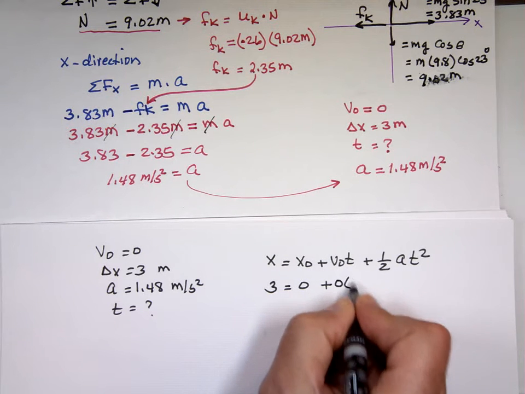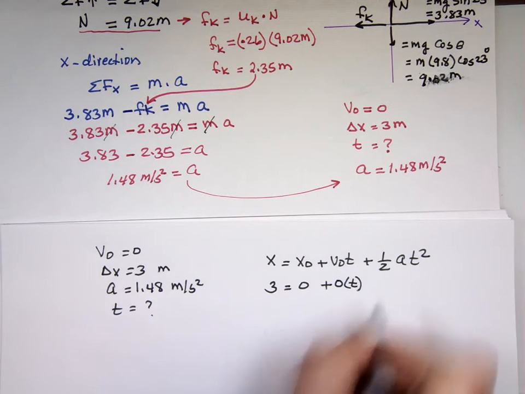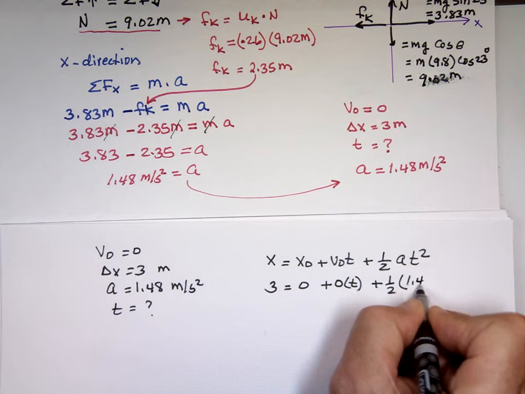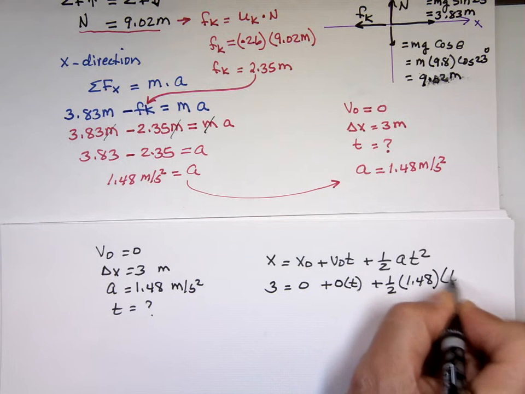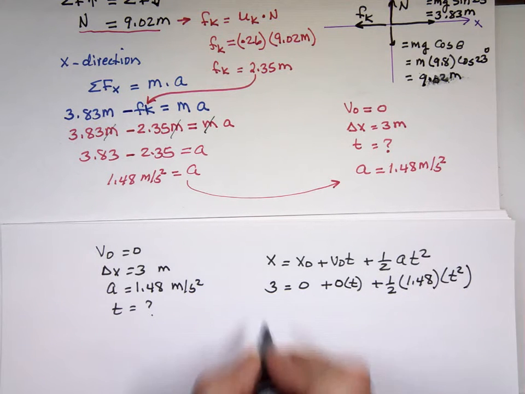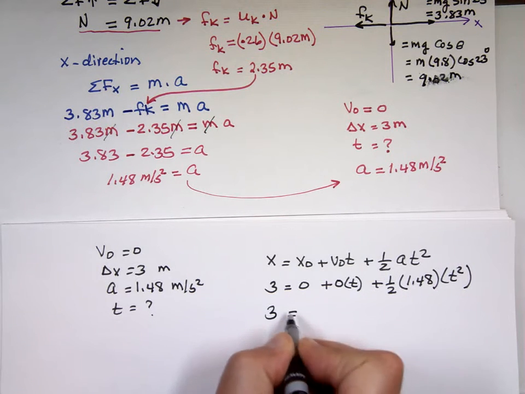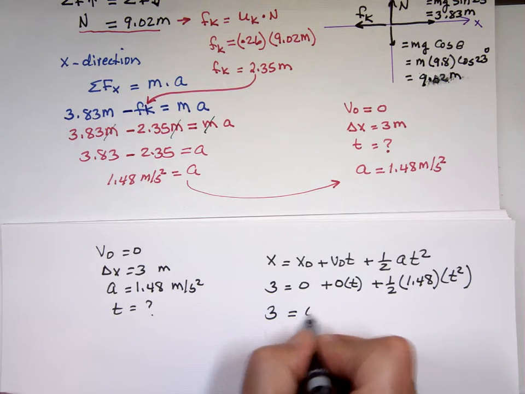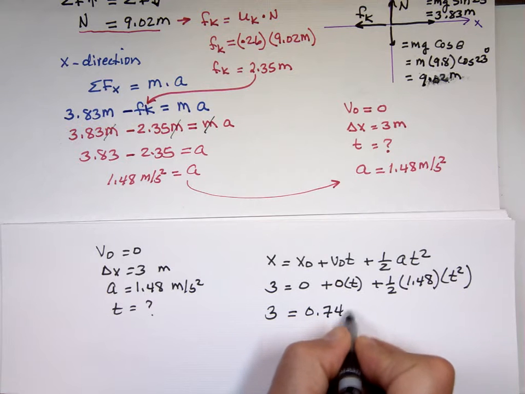T is unknown, we're looking for it, plus 1/2 times 1.48 times t squared. 3 equals 0.74 t squared.